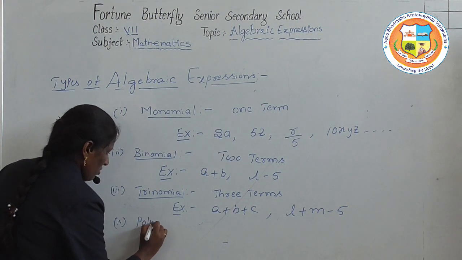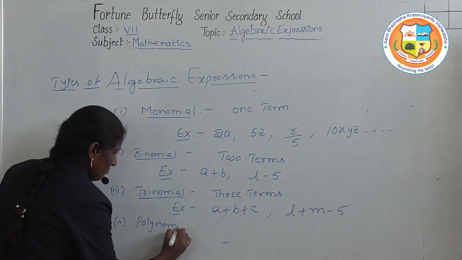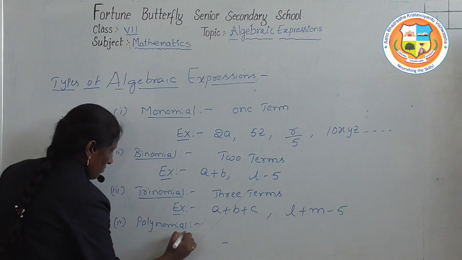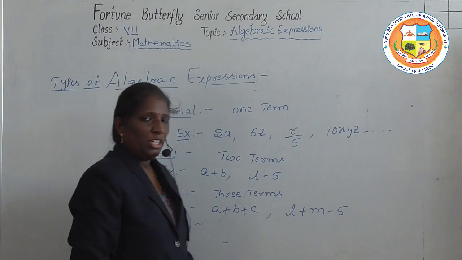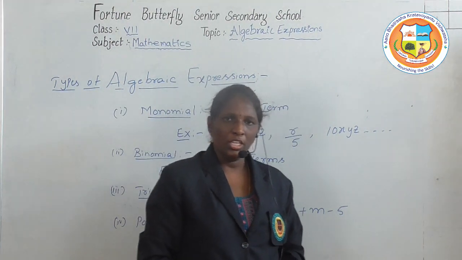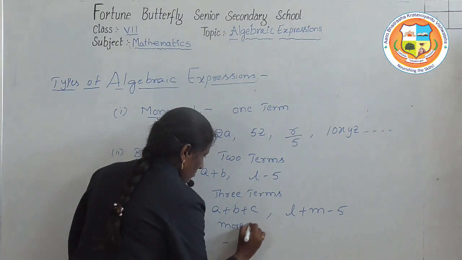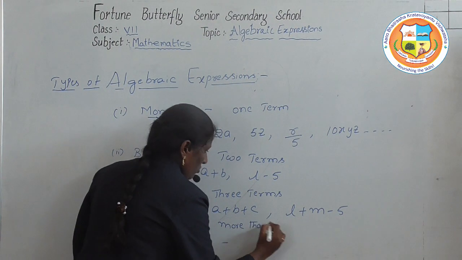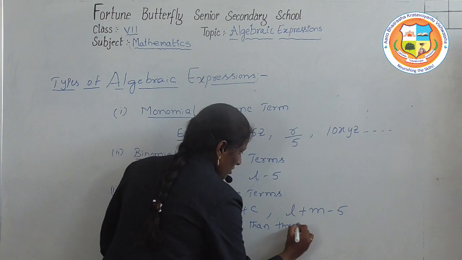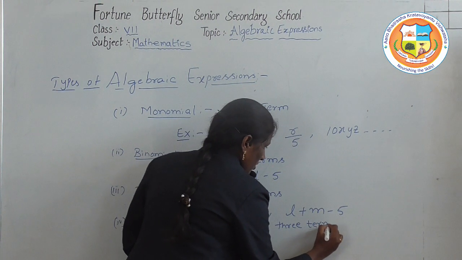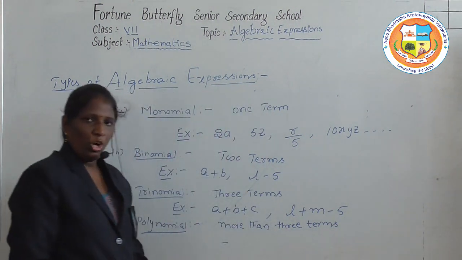Next one is a polynomial. An expression containing more than three terms is called a polynomial.